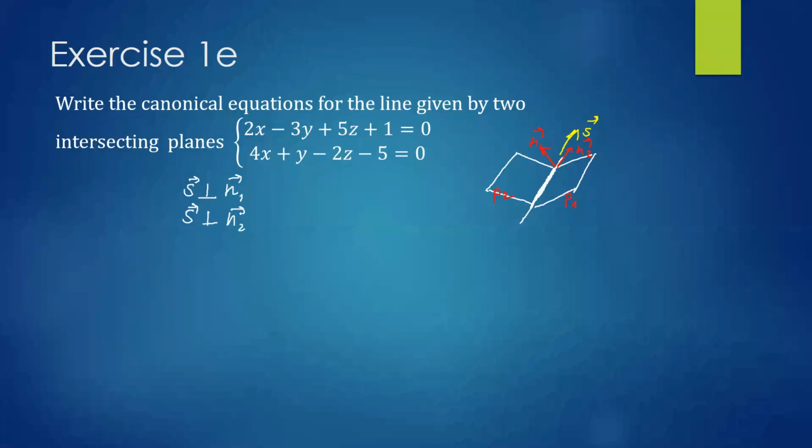So what we can do is, we know one vector at least, which is perpendicular to two given vectors. That is the vector product. If I take now the two normal vectors, n1 and n2, and find the vector product, not scalar, but the cross product, then it will be perpendicular to both normal vectors.